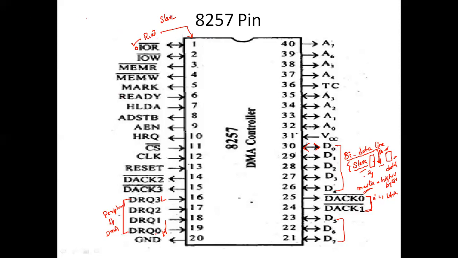As I have said, the CPU will be connected over here. So in slave mode, it is going to read the internal registers of the 8257.